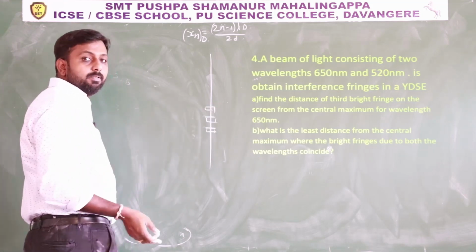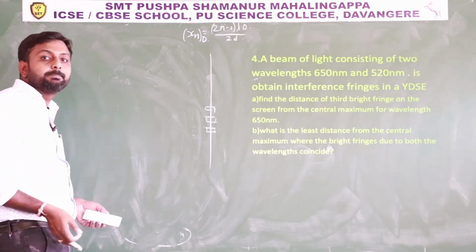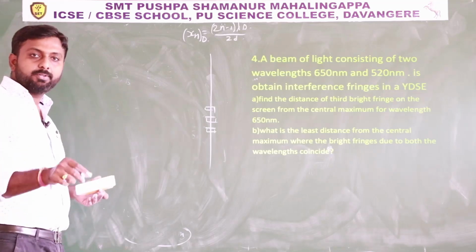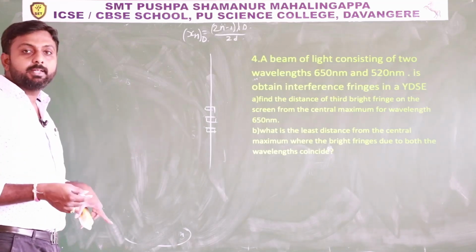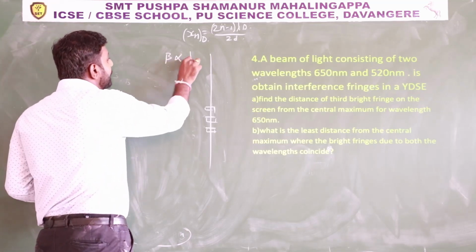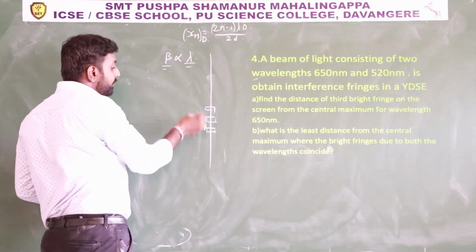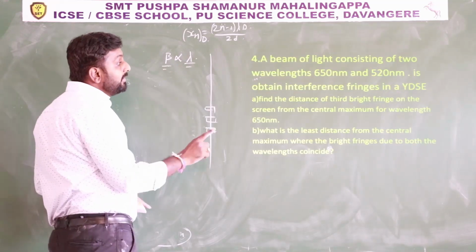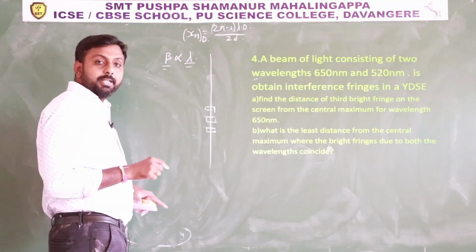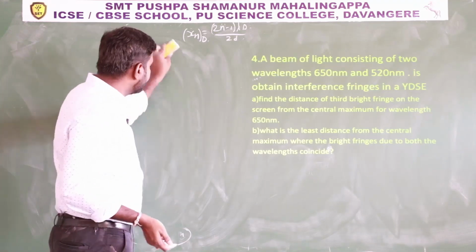Two wavelengths means each will form its own separate fringes, 650 nanometer one set and 520 nanometer another. You know that beta is directly proportional to lambda. If the wavelength is more, the fringe width is also more. That means the 650 nanometer fringe width is more, and the 520 nanometer fringe width is less.